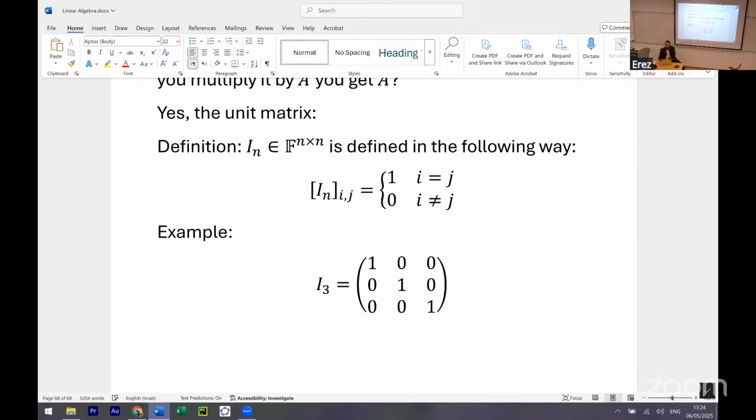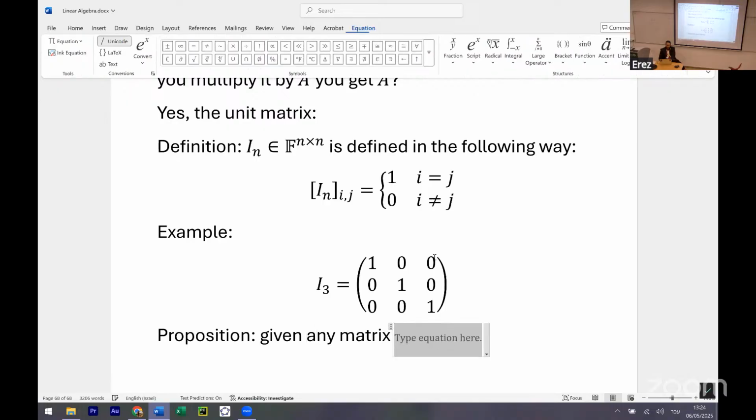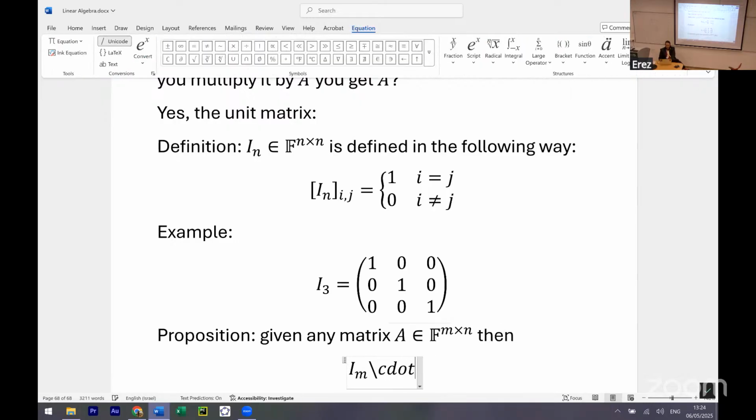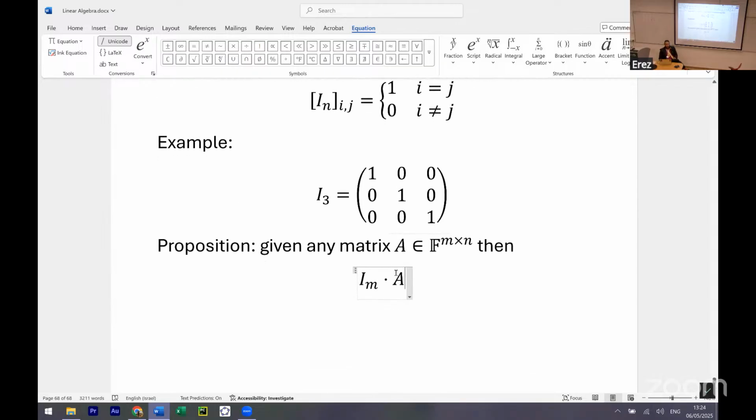And claim, proposition. I know proposition is more professional than claim. Proposition: given any matrix A of size m by n, if I multiply I_m by A, why specifically I_m here?